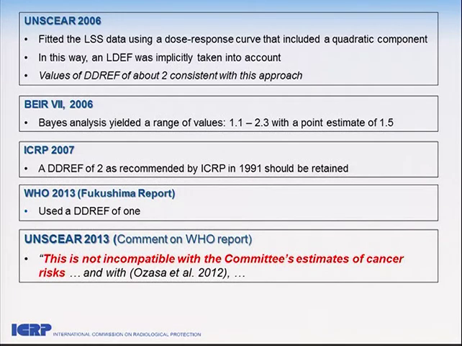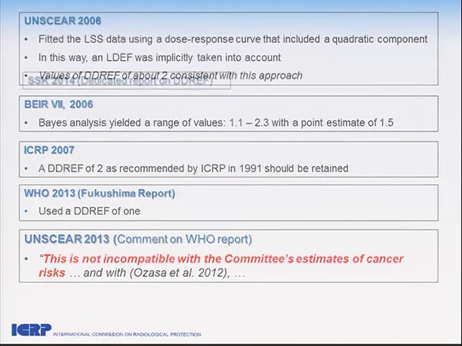And UNSCEAR 2013 commented that this is not incompatible with the committee's estimates of cancer risks, and also not incompatible with the data from the lifespan study. And the last one is the SSK report, which came out last year. It's a dedicated report on DDREF.